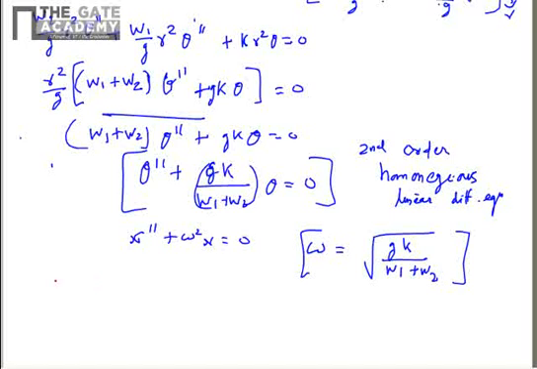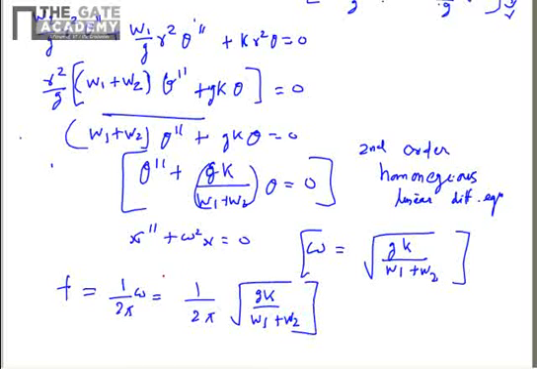Like that you can get your angular natural frequency of the system. The natural frequency of the system is 1 by 2 pi of omega, that is equal to 1 by 2 pi of square root of gk by W1 plus W2. So this is the natural frequency of the system which was required to be determined.